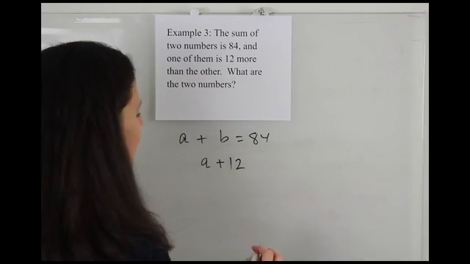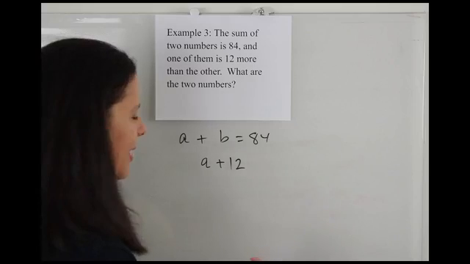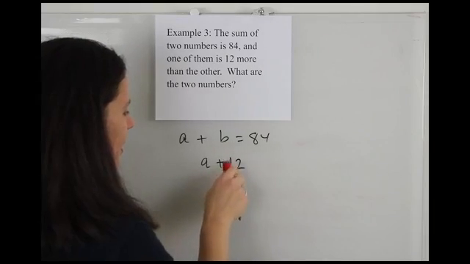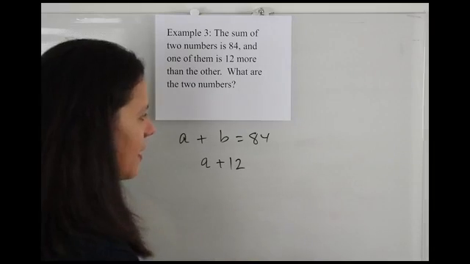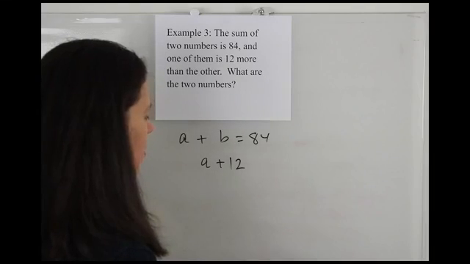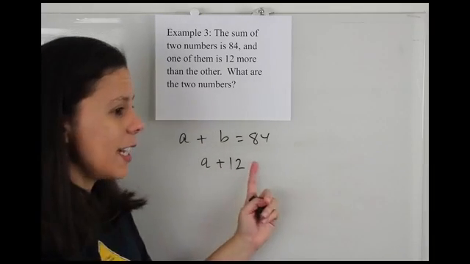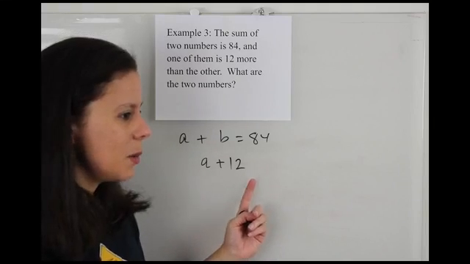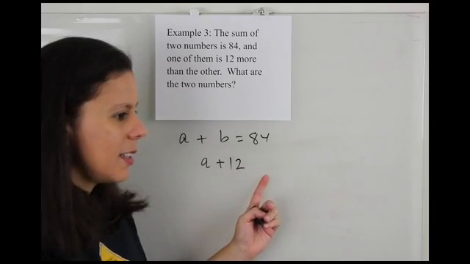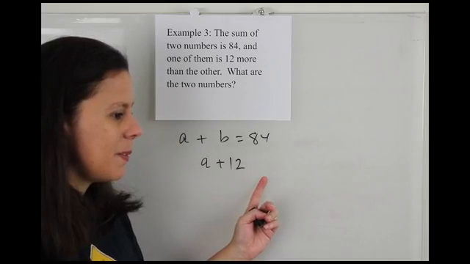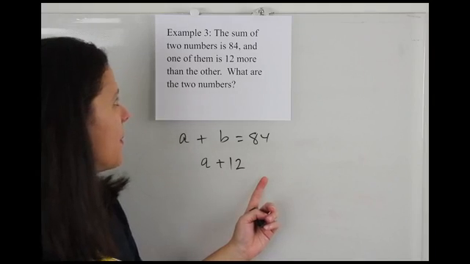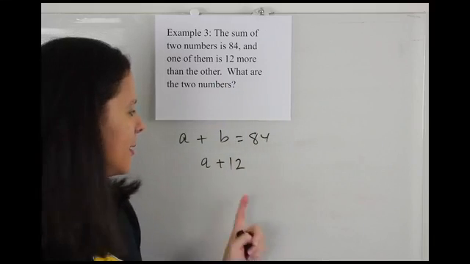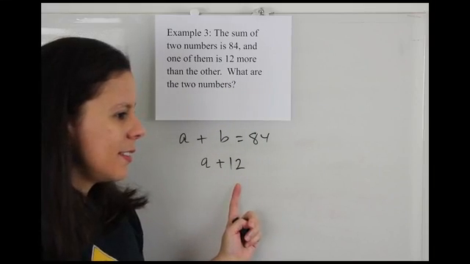Wait, hang on. I need an equation here. I need it to be equal to something. What is it equal to? What is A plus 12? Equals. One of them is 12 more than the other.